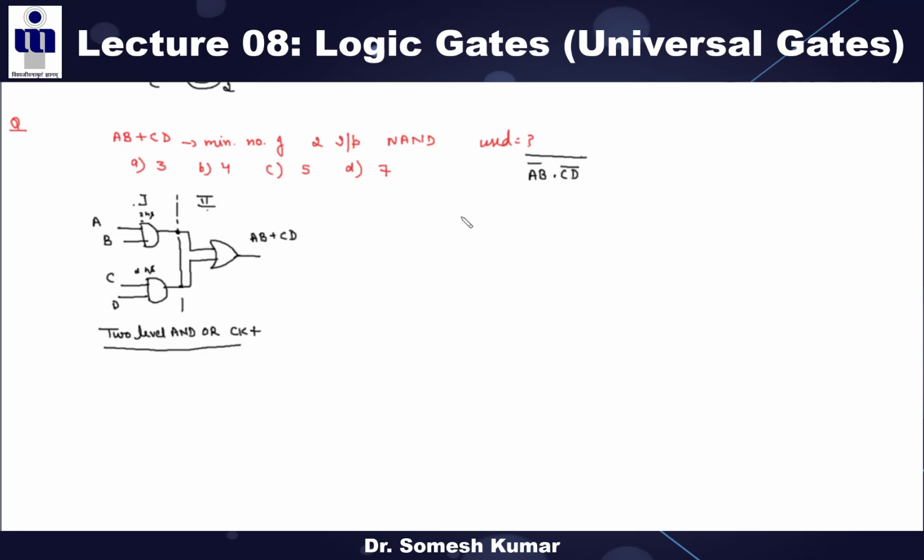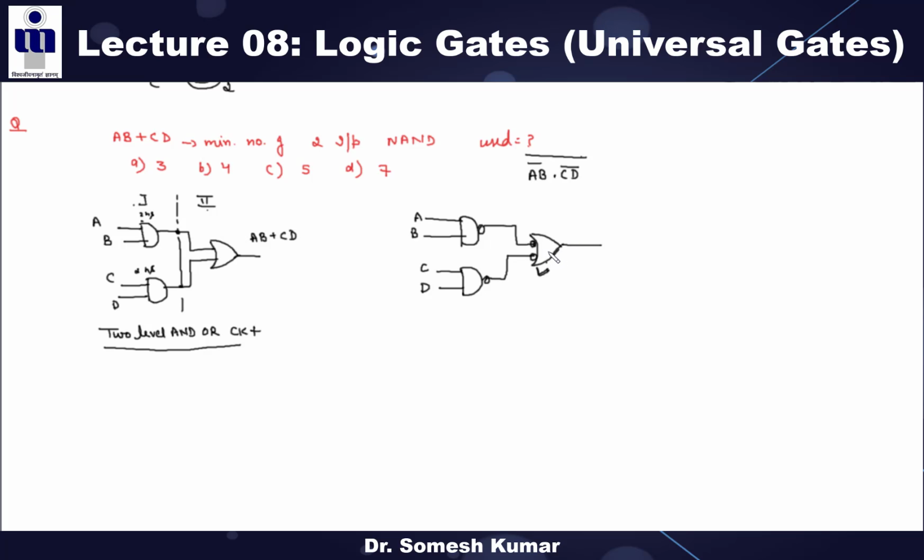So what is this? Can you please tell me which gate this is? Is this an OR gate or which gate? In the previous lecture, I have shown some alternative symbols, right?